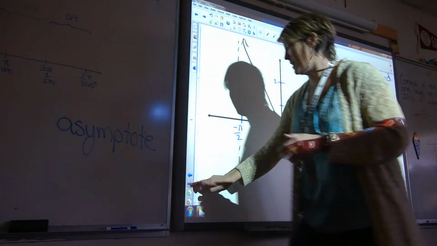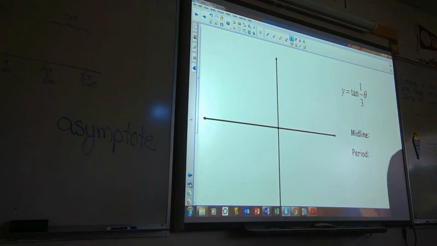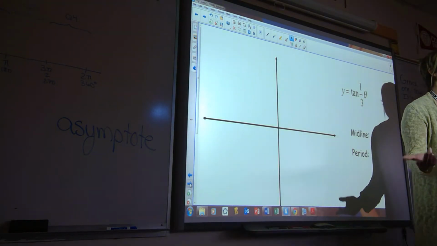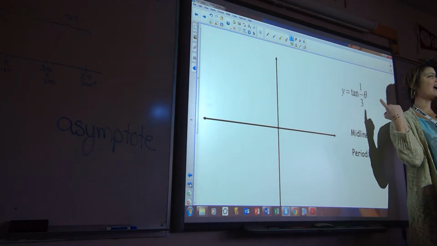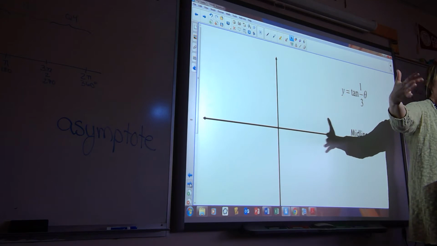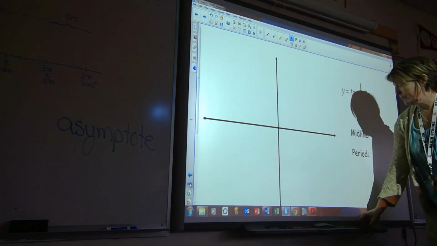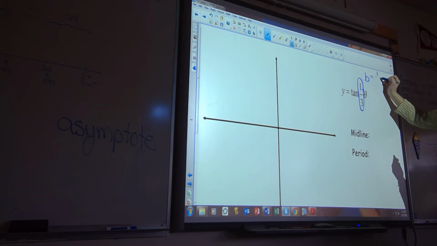Awesome. I think our last one is definitely going to be the hardest. Now, why is this one harder? It's changing the x. It's an x change. So therefore, all of your tick marks on your x-axis will change. So this right here is your b value. B is 1/3.